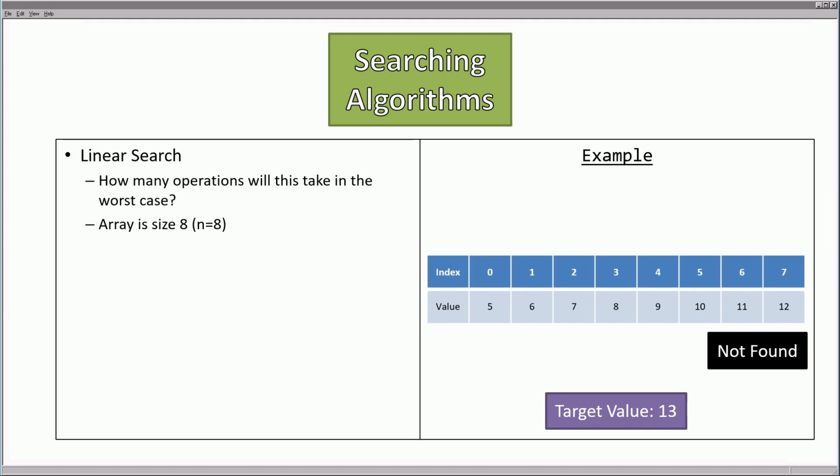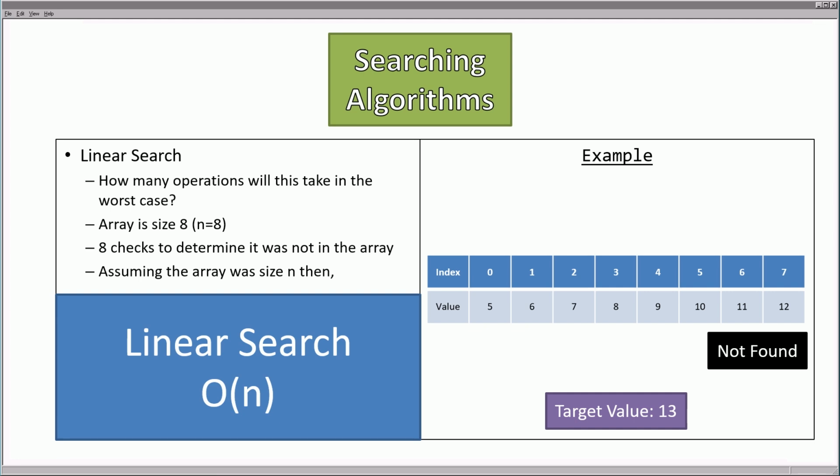It took 8 checks to discover that this value wasn't there. We can describe linear search as being big O of n. Once again, if we had an array of size 1000 and we're trying to look for a value that's not in that array, it's going to take 1,000 operations to confirm that.